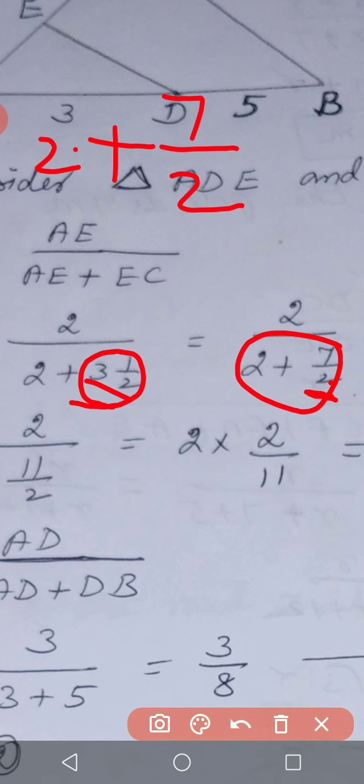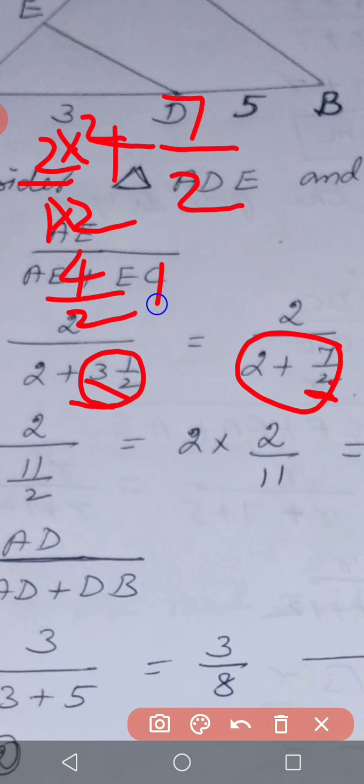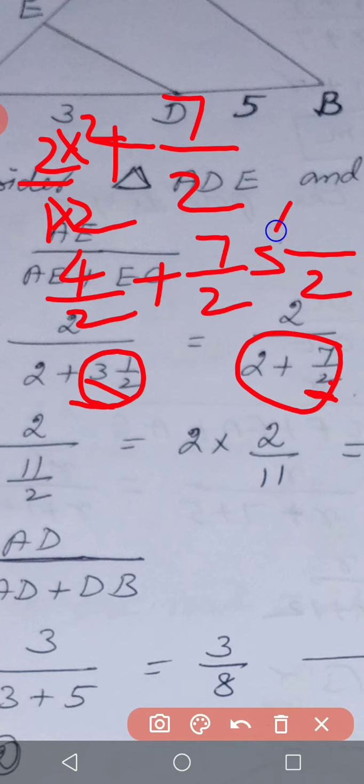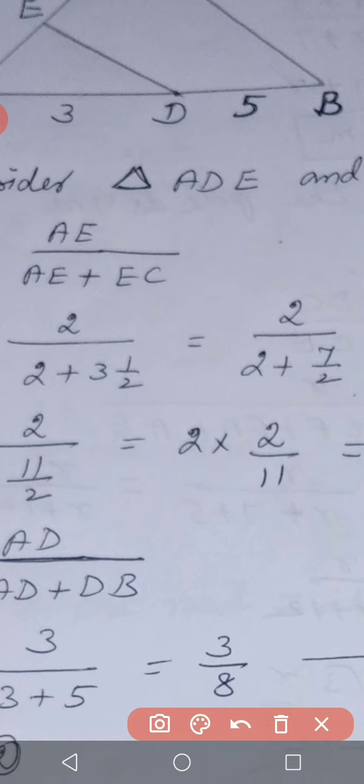I am doing the denominator part only. Here the denominator is 1, so take 2 as the LCM. Multiply this 1 by 2, so that is 2 into 4 by 2 plus 7 by 2. Now 4 plus 7 is 11, so what you get is 11 by 2.